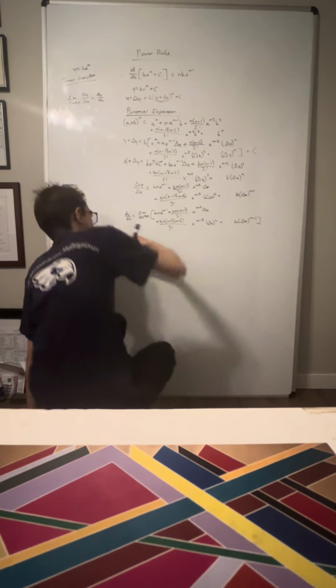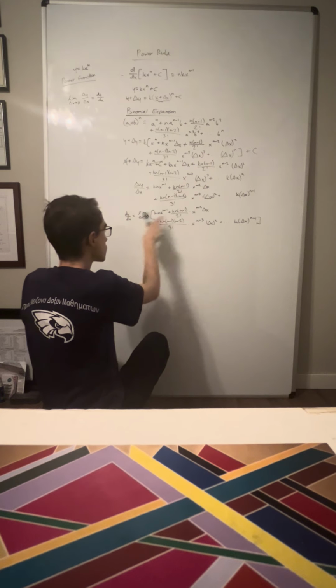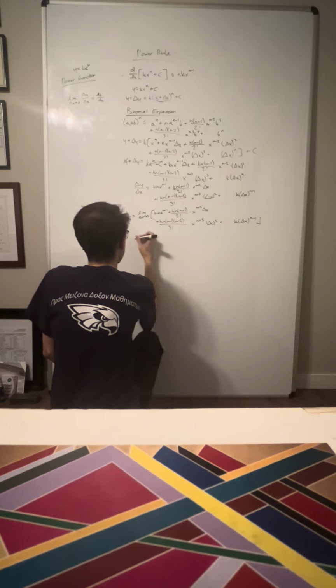And now we're going to go ahead and evaluate this. So we are going to see what happens when delta x approaches 0.